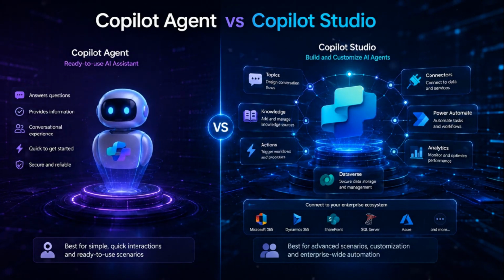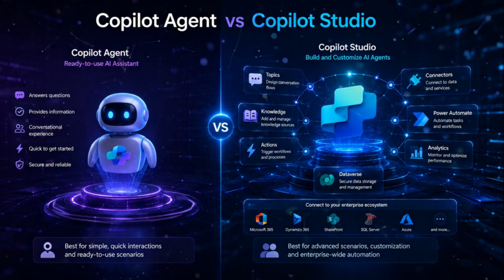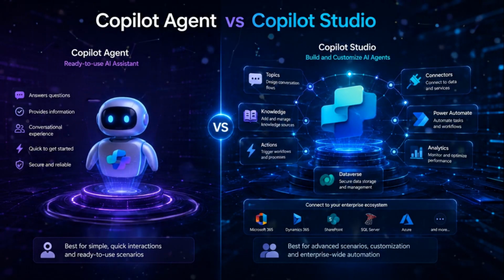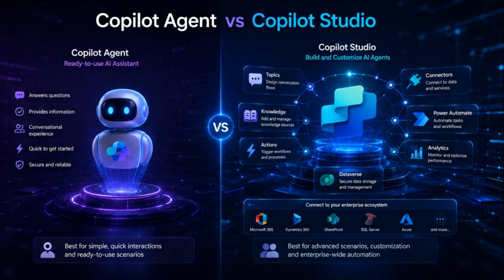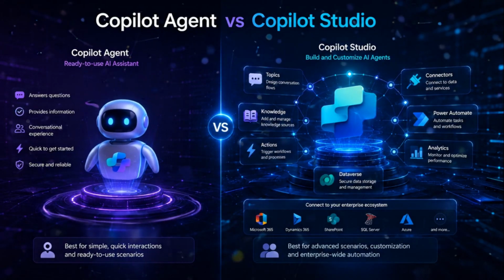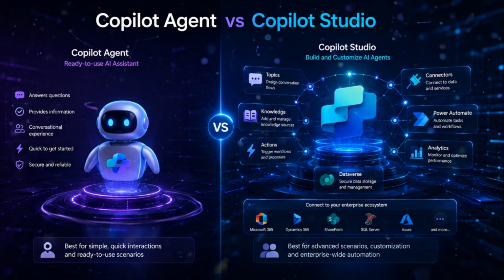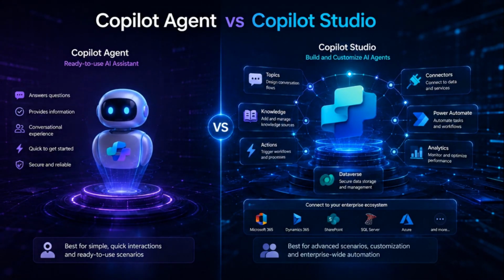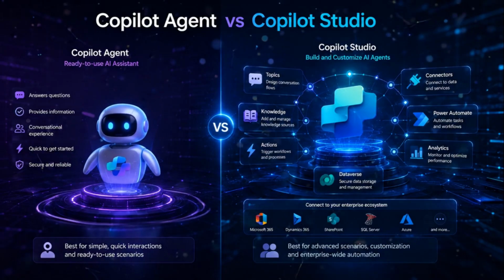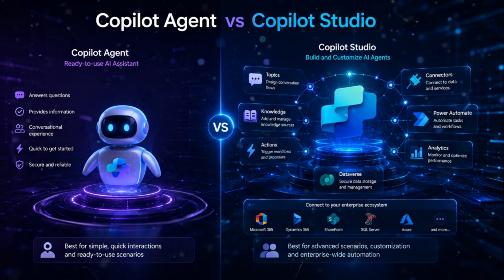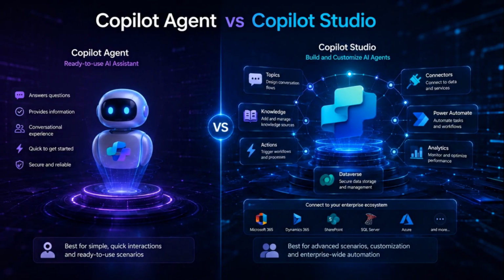Copilot Studio, on the other hand, gives us a much more advanced environment with significantly more capabilities. Inside Copilot Studio, we can connect external systems, use more knowledge sources, build larger knowledge bases, create workflows, trigger actions, use topics, integrate with Power Automate, and create more advanced AI-driven business processes.